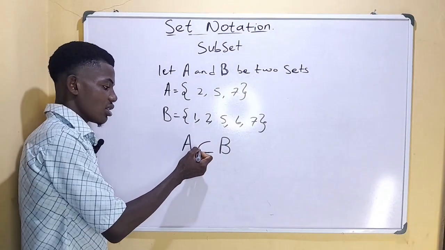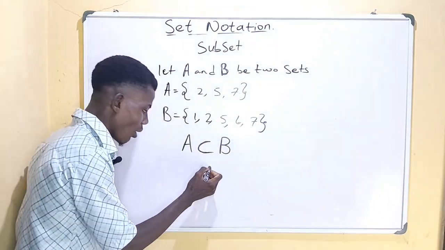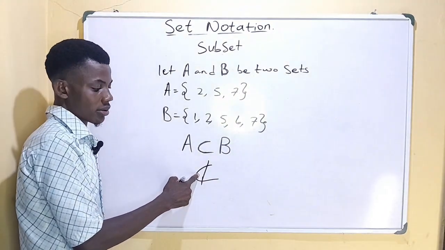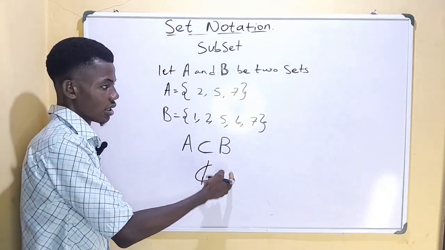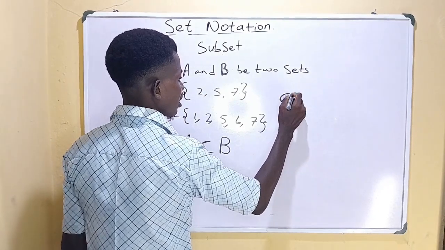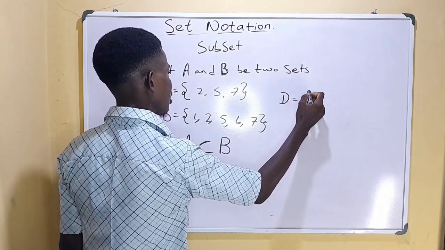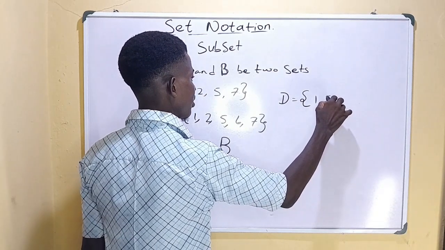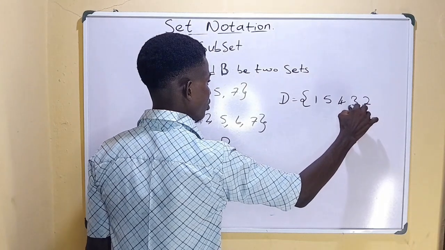We use this to denote subset. Why do we use this? To denote not a subset. So if we write something like this, it means that this is not a subset of this. Okay, let's introduce a set D. Let's say that set D is 1, 5, 4, 3, 2.